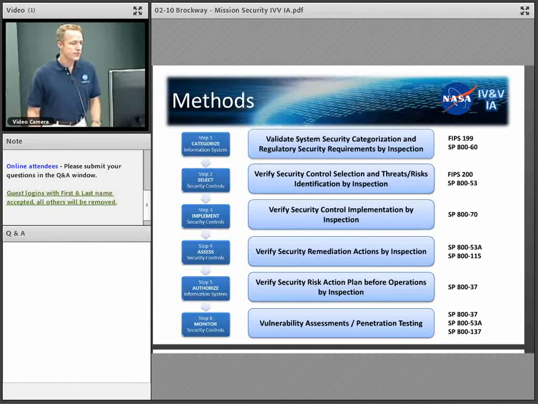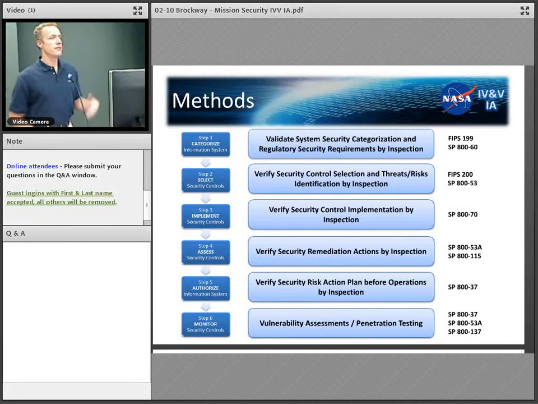Here at IV&V, we have our catalog of methods. We have very specific structured entrance and exit criteria. We form a technical reference, or have a basis for the decision, so that it's a repeatable process. And so even in information assurance, we've identified 5 specific methods that map to the first 5 steps of the risk management framework, which is identified on the left side now, vertically. The basis for each of those are the Federal Information Processing Standards, or the special pubs from NIST on the far right.